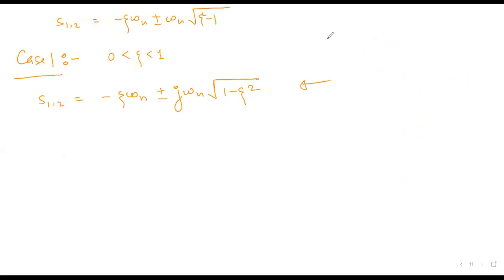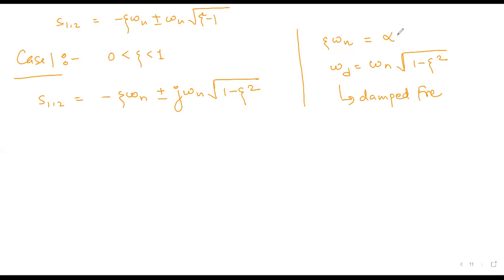Here you call zeta omega n as alpha, and omega d is omega n under root 1 minus zeta square. Your omega d is your damped frequency, and alpha is your damping factor. So you can write minus alpha plus minus j omega d.